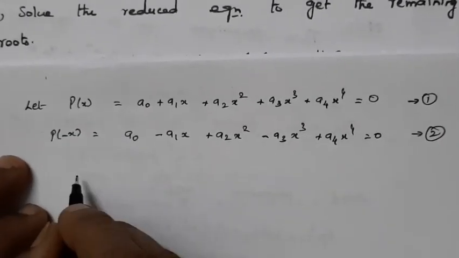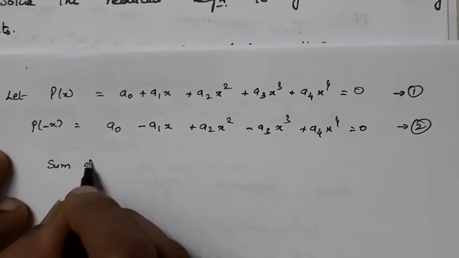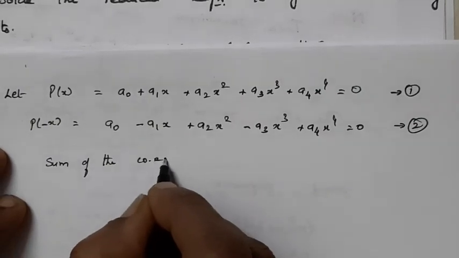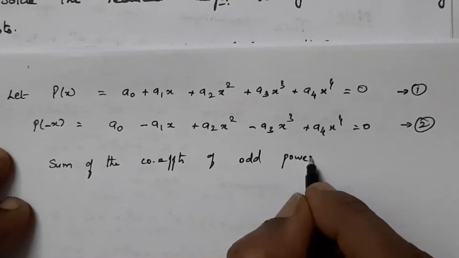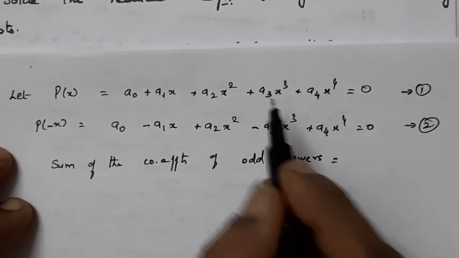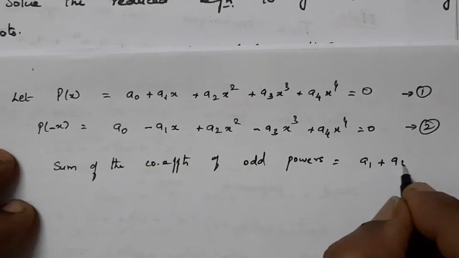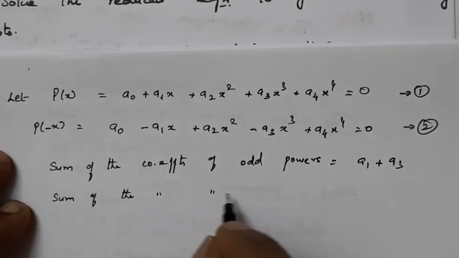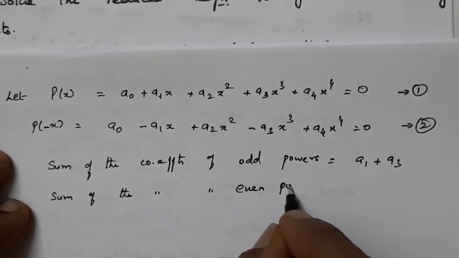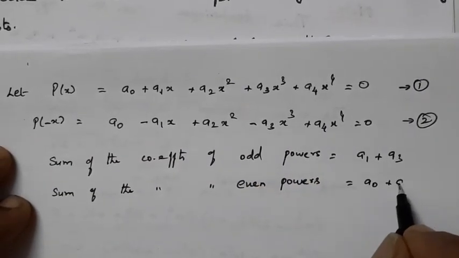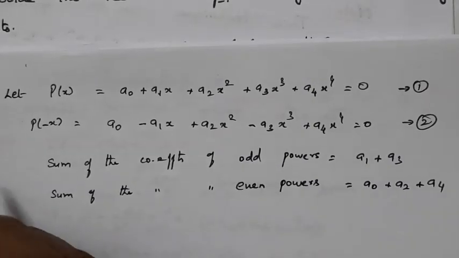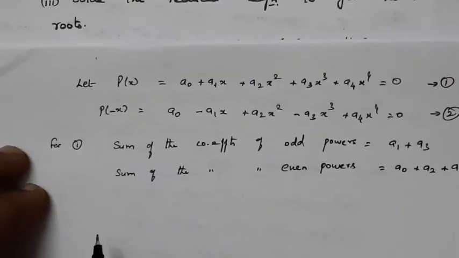For equation number 1, the sum of the coefficients of odd powers is equal to a1 plus a3, right? a1 plus a3. And the sum of the coefficients of even powers is equal to a0 plus a2 plus a4. That is for the first equation. Okay.